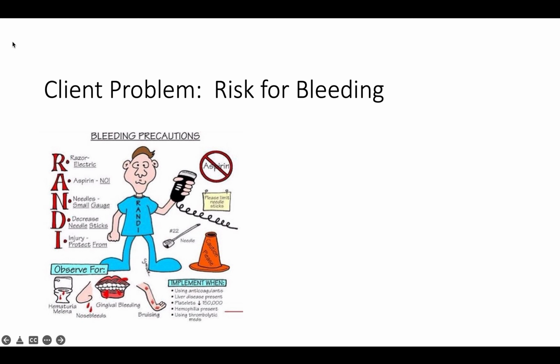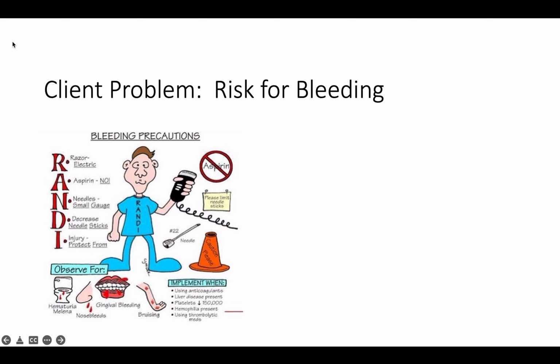Part of those bleeding precautions include no aspirin, being selective with our invasive equipment, okay? We do have to do some blood draws, but we want to minimize those blood draws. So we want to decrease needle sticks, and if we have to do a stick, we want to use the smallest gauge needle possible.